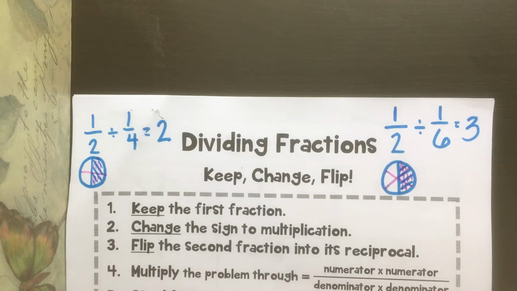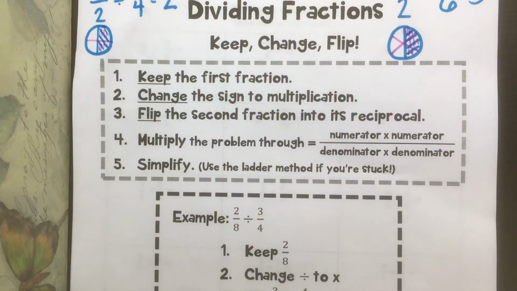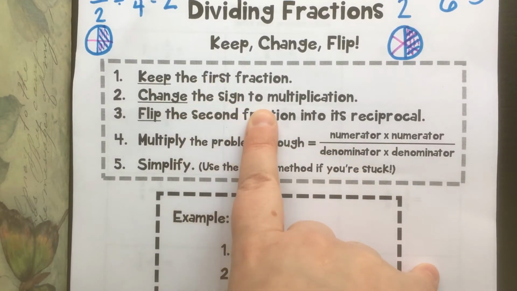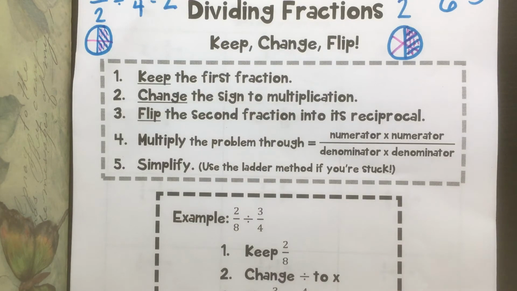Okay. Now we're going to go through this chart though, and it's going to tell us how to calculate it with a formula. So we keep the first fraction, we change the sign to multiplication, and flip the second fraction to its reciprocal. Remember, reciprocal is when you flip the fraction. You're going to multiply and then simplify.